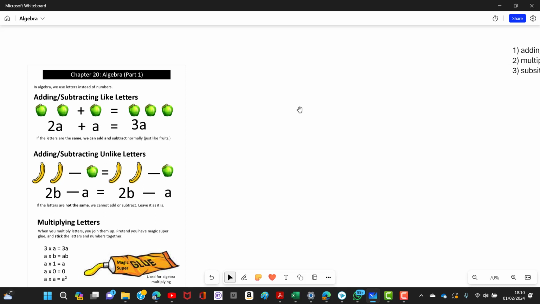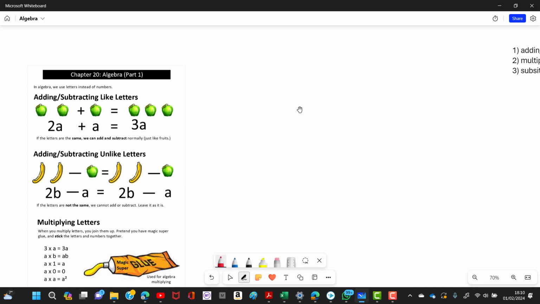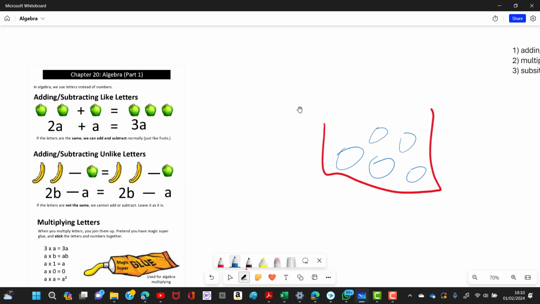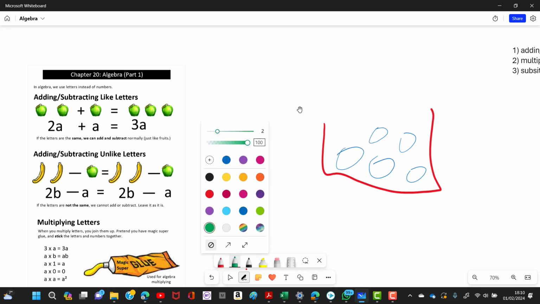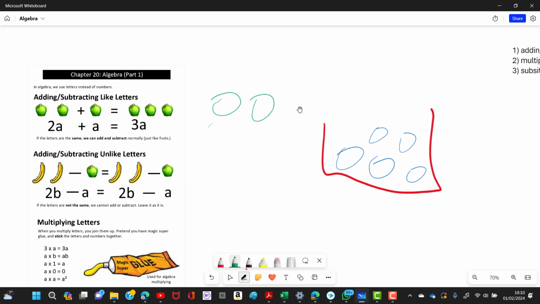Well, instead of letters, think of apples. Draw a picture of an apple. Say you've got a basket, and in that basket you have some fruit. Let's say in that basket you've got 5 apples, and outside the basket you've got 2 apples.